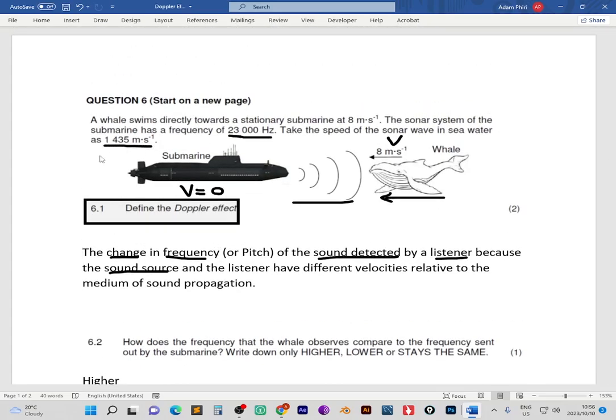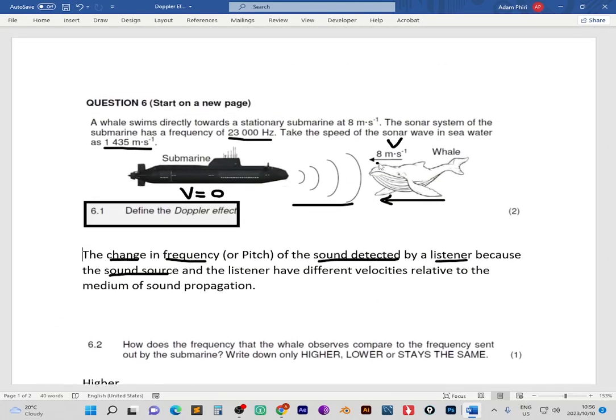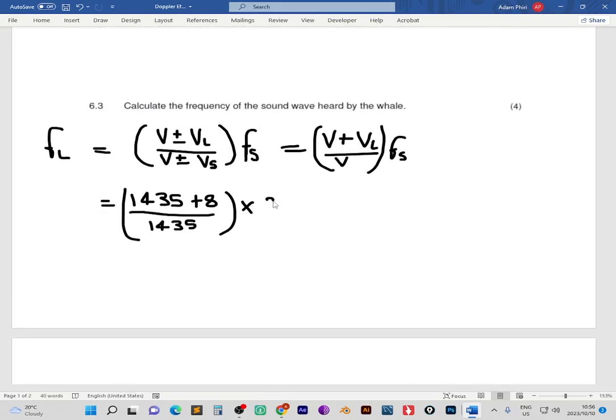We look at the value of information. There we have the velocity of sound in water, 1435 plus 8, which is the speed of the whale, divided by 1435, multiplied by the frequency of the sound of the source, giving us 23,128.22 Hz.